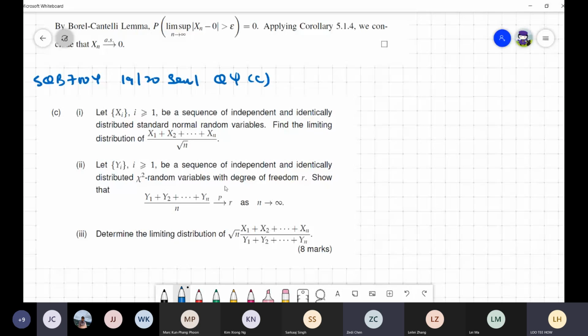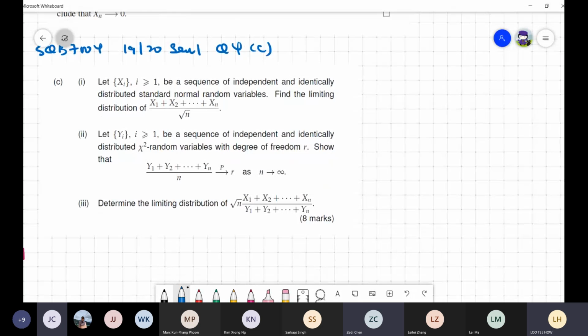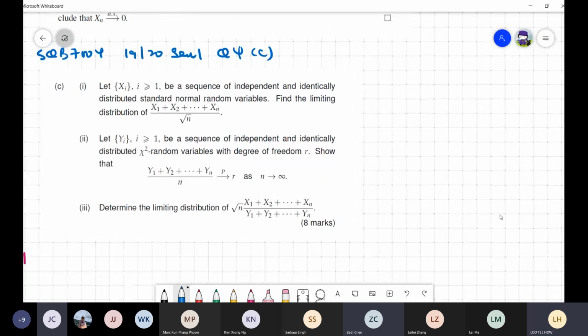You can get these exam questions from the library. So this is question 4, part C, and this might be a better example. We have time to look at it. So this is the question.